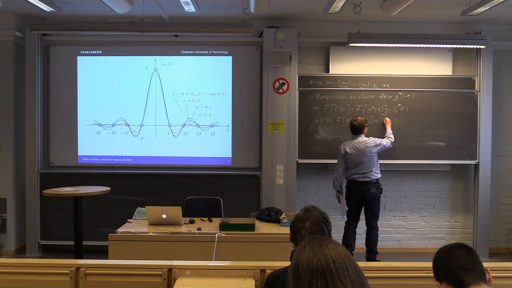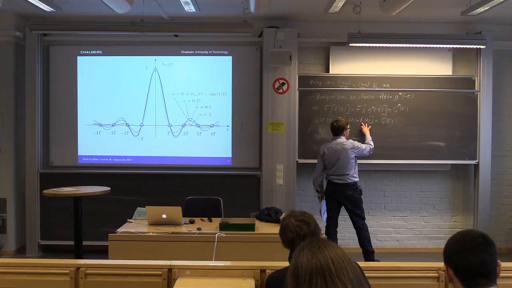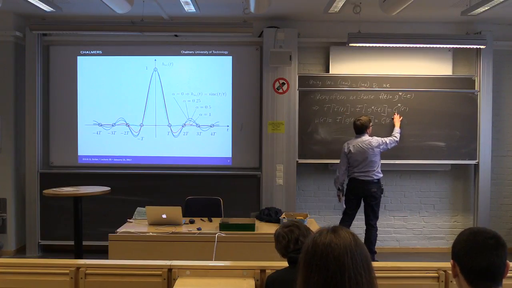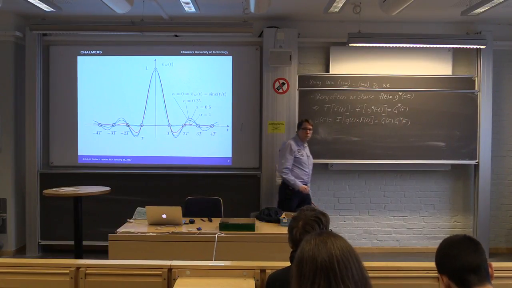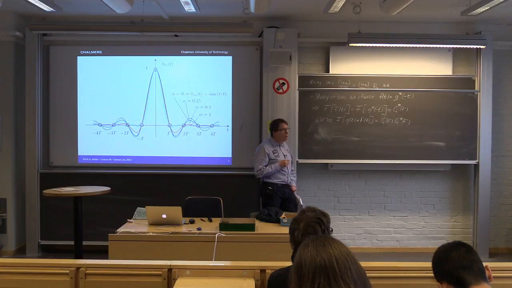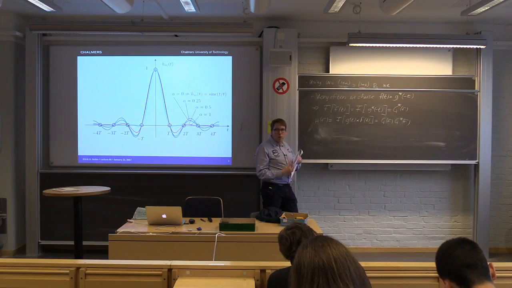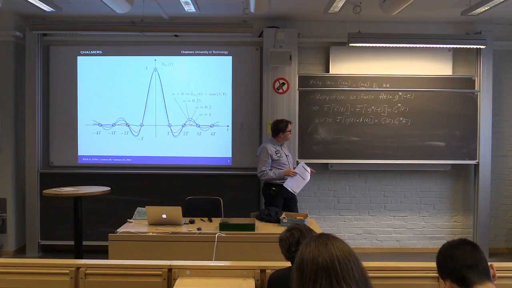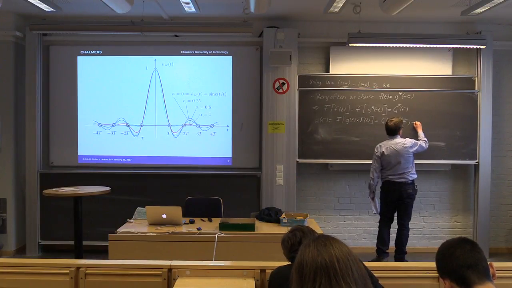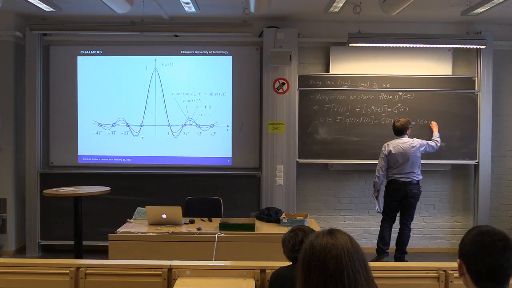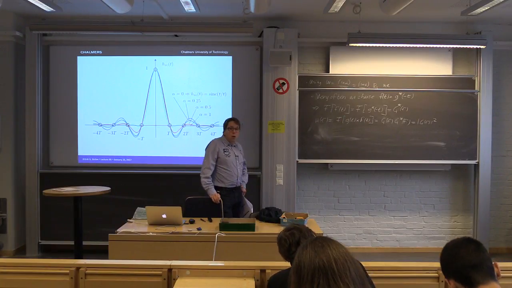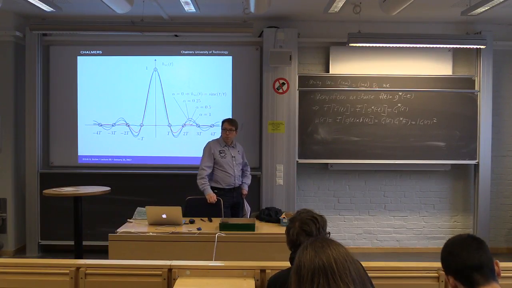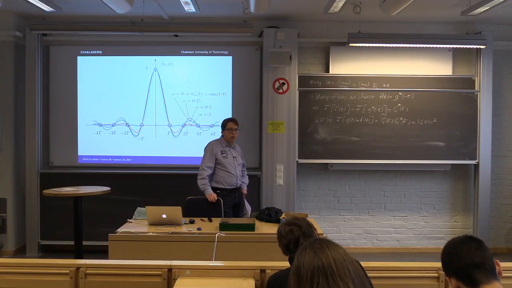So here we have G of f times the Fourier transform of f, and the Fourier transform of f is G conjugate of f. Okay. And what is G times G conjugate? It's simply the magnitude squared of G. Okay, very good.